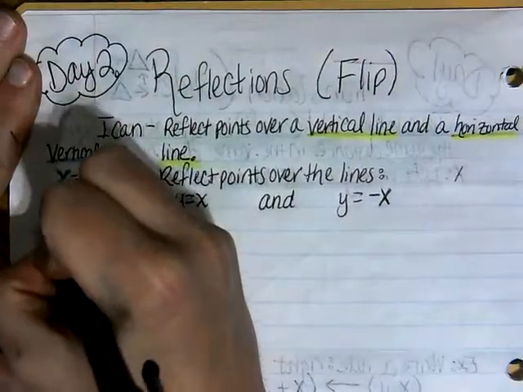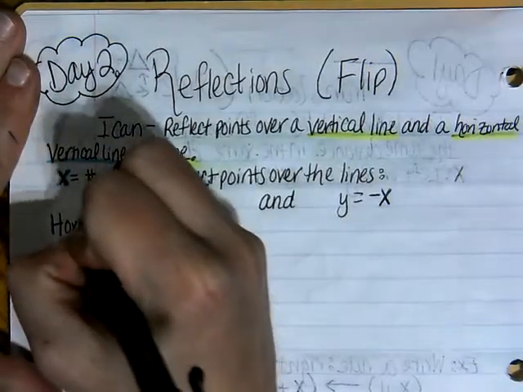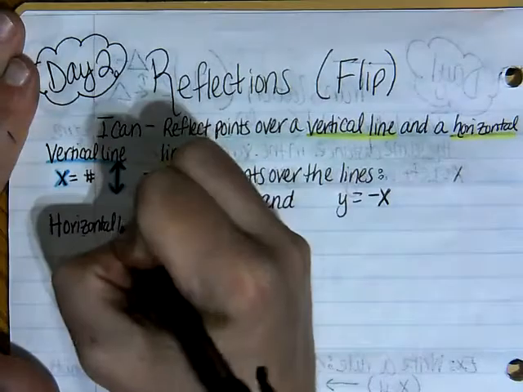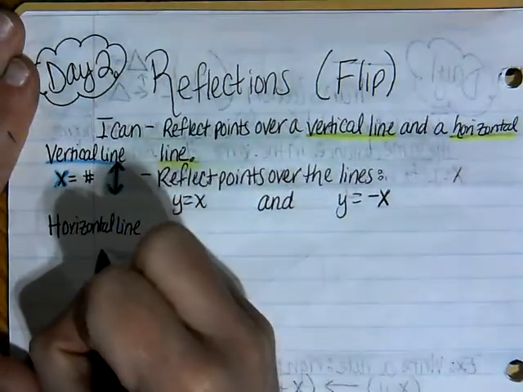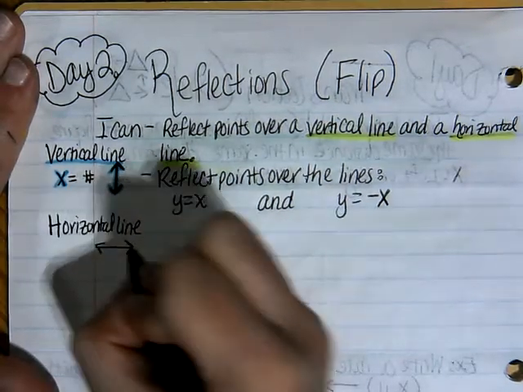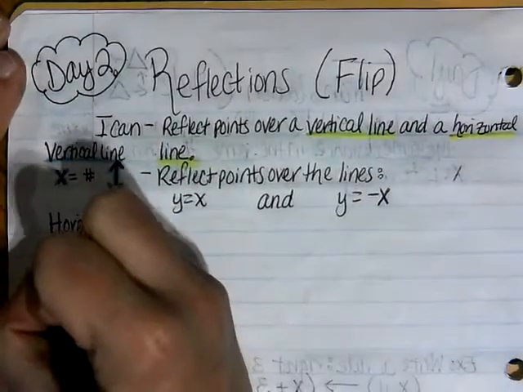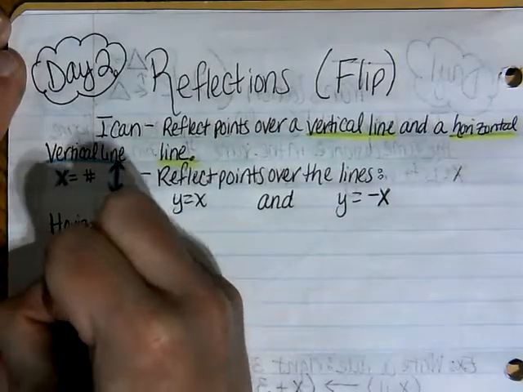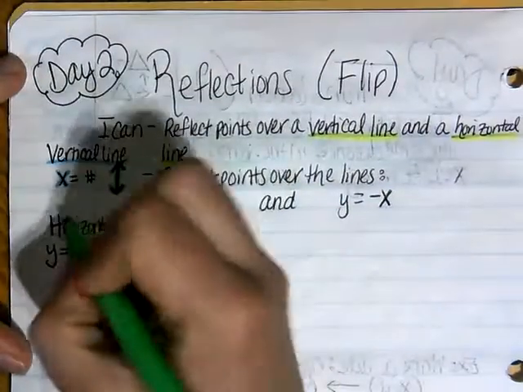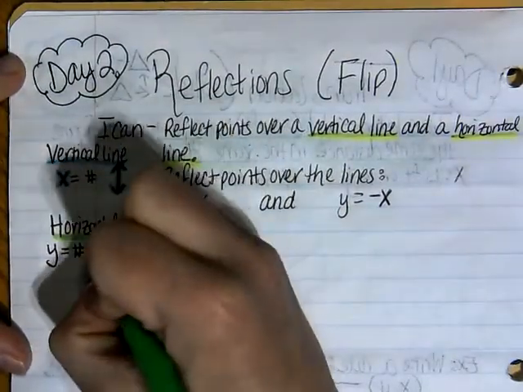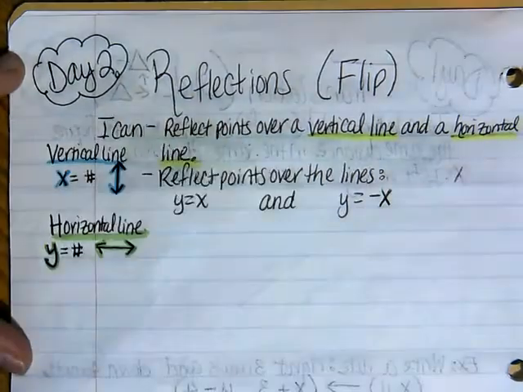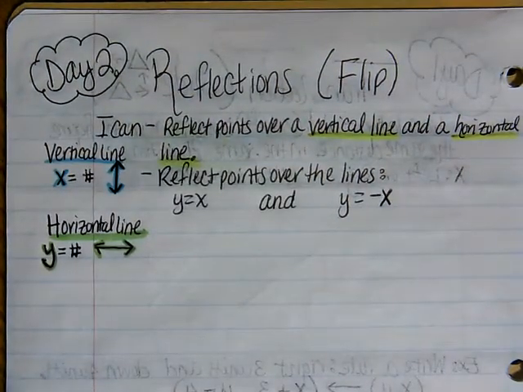Next, we have a horizontal line. A horizontal line goes to the left and goes to the right. It is y equals a number. So you're going to see a horizontal line going from left to right, and you'll see an equation of y equals a number.